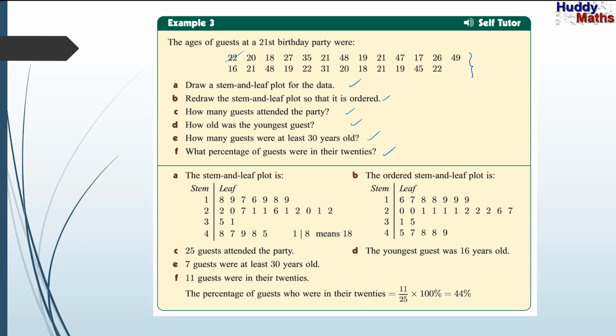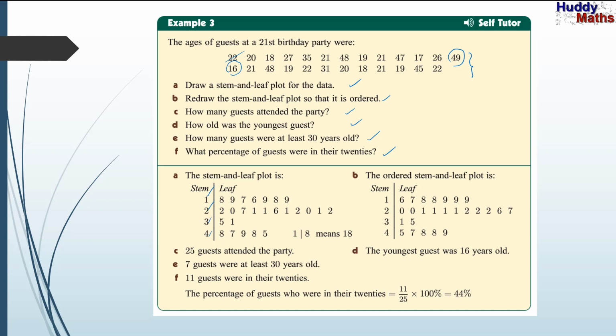So first of all, well, what's the lowest age group there? It's in the 10s. Going through, it's 16. And then the oldest person is 48, I think. 49. Let's see here. 48, 49. So we will go from the 10s, 20s, 30s, and the 40s.